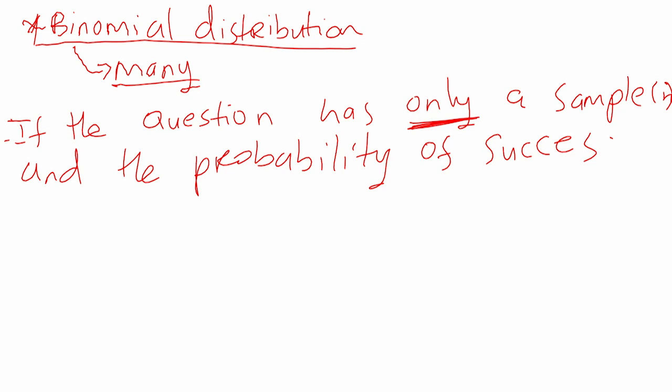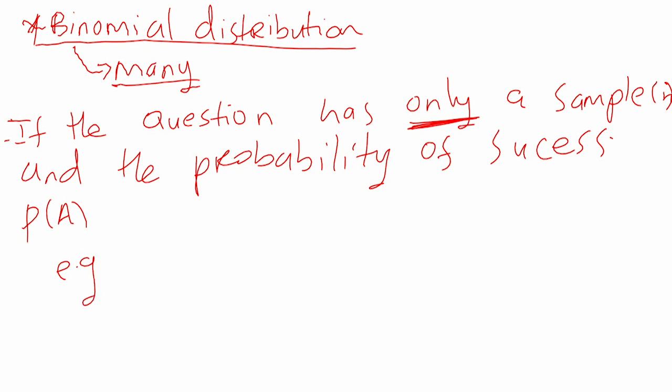Okay, and one probability of success, right? So which is probability of A. For example, throwing a die, right?